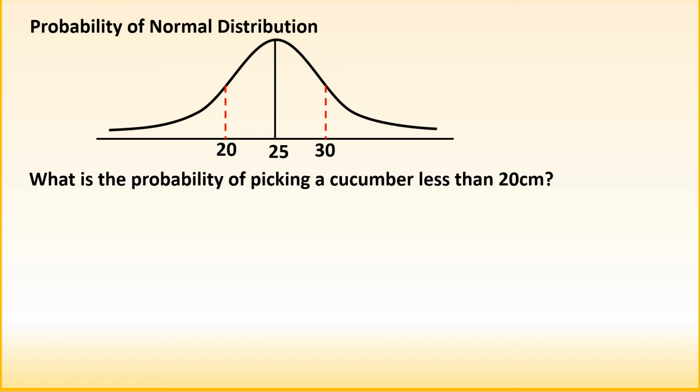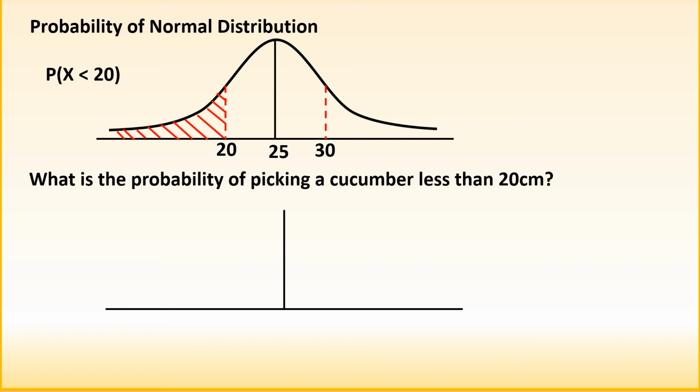So, ito yung 20 centimeters natin. So, less than, ibig sabihin, ang shade natin yung left side. Then, if you're going to write that in mathematical symbol, that is probability of random variable x is less than 20.